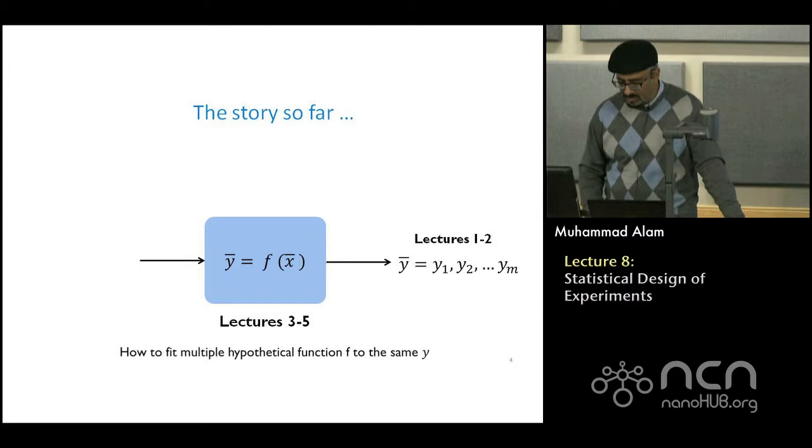Then what we did for lectures 3 to 5 was to assume various types of functions. It can come from physics, it can come from previous experience, that it could be a Weibull distribution and all. But before we could fit the data, we had to find a procedure, and that was the maximum likelihood method, by which, given y and given an assumption about f, we found how to best get the parameters that would describe it, for example, alpha and beta.